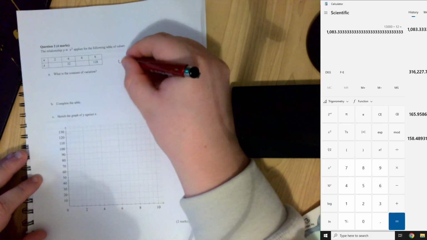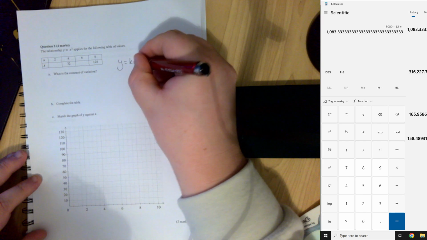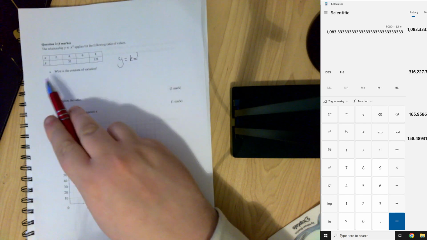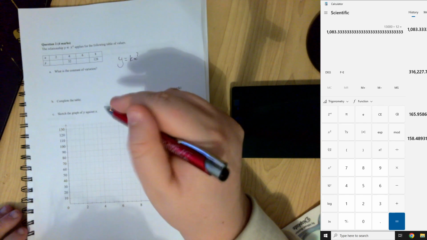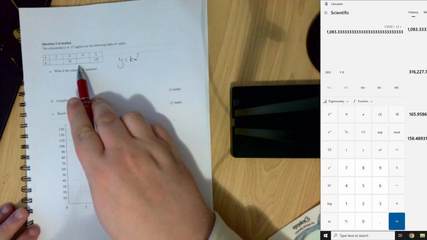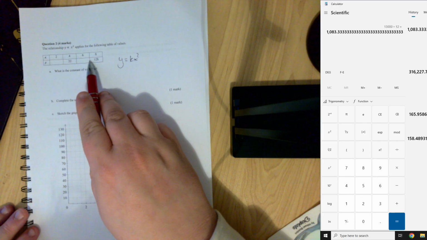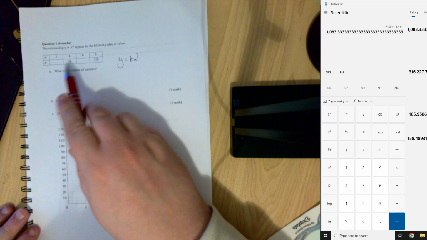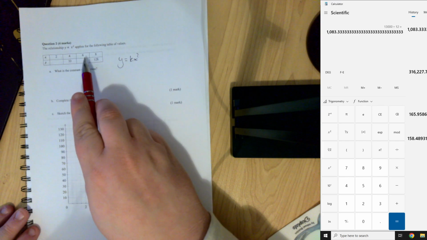Okay, so we're looking at a variation of y is equal to kx squared. And we're going to find out the k, which will help us fill in this table as well, because we can't be exactly too sure. It's a tricky one because this is missing a pattern. It would be very easy to assume that this is 16, 32, 64, 128.